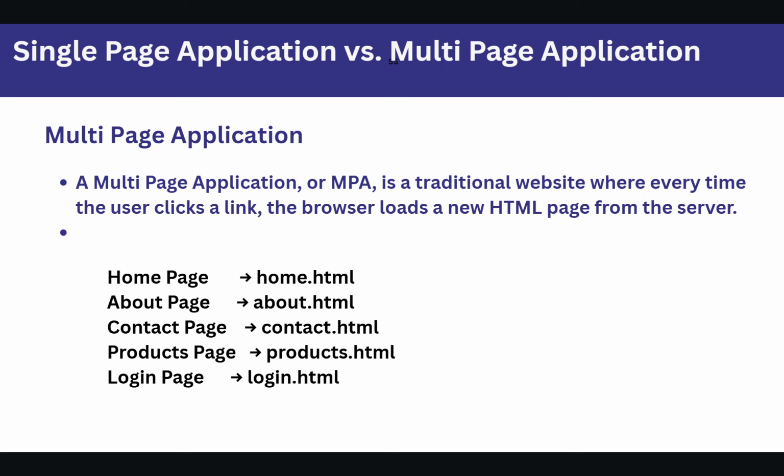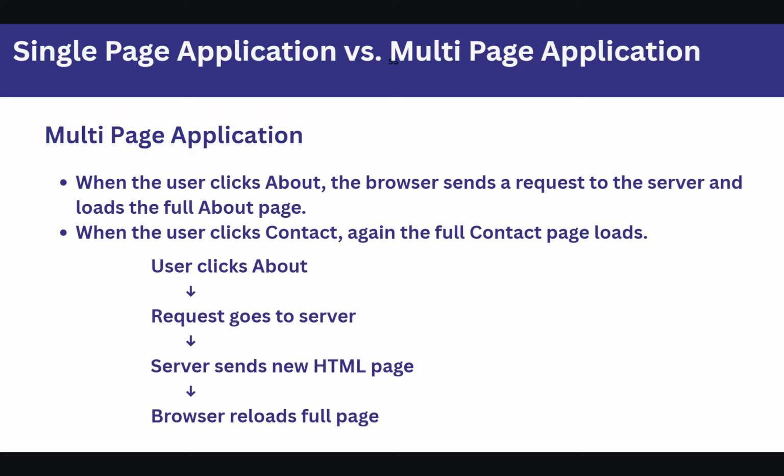If you are developing a Spring MVC application, you will have a home.jsp, an about.jsp, contact.jsp, product.jsp, and a login.jsp. So, whenever you click on the about link, what happens? Whenever the user clicks on about, the request goes to the server.